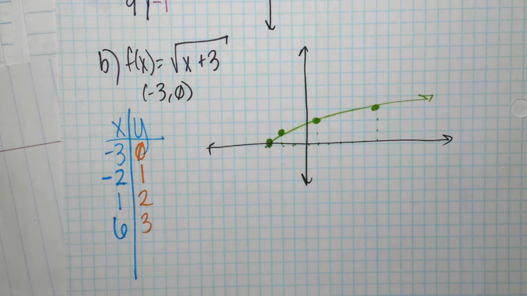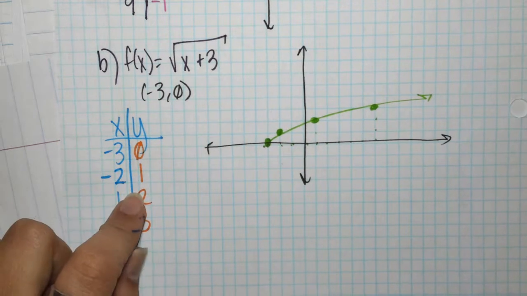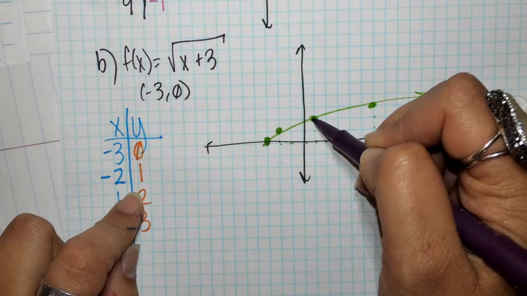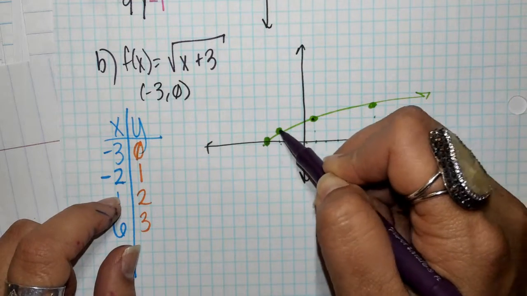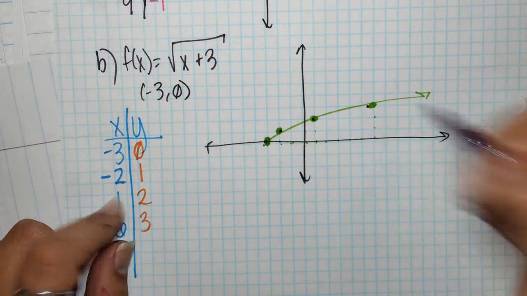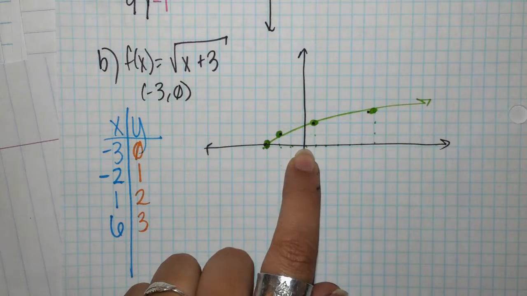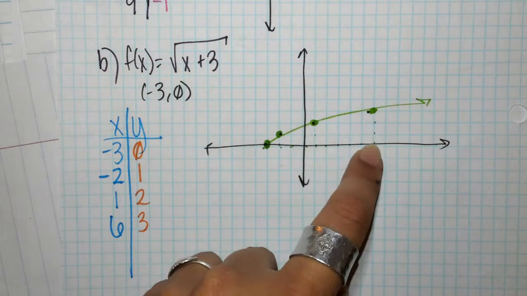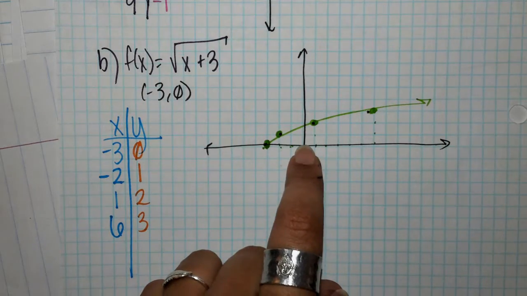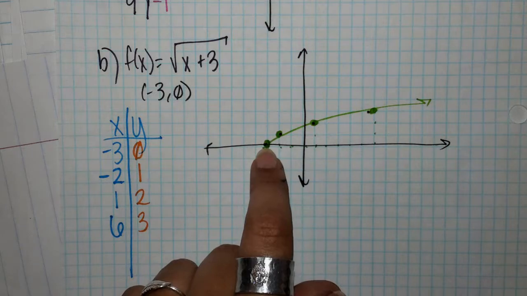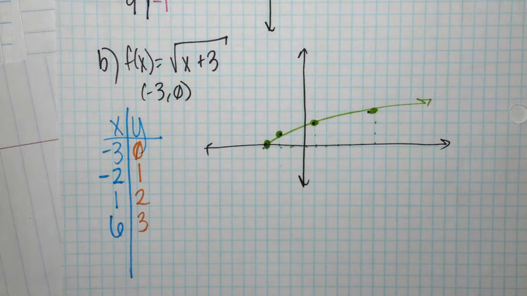But when you go right 1, up 1, right 1, up 2, left 2, up 1, same thing. Because you start from the origin when you plot your points. What about that 6? Right 6, up 3. That's this. Because you start from the origin when you plot your points, not the vertex. When we use our perfect squares, you start from the vertex.